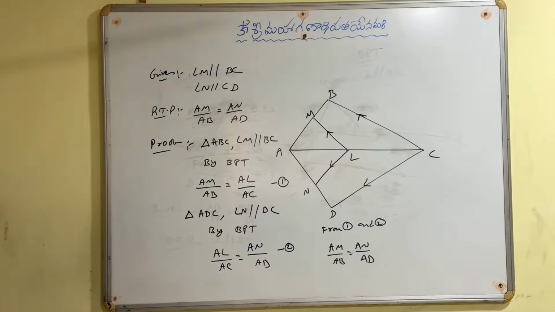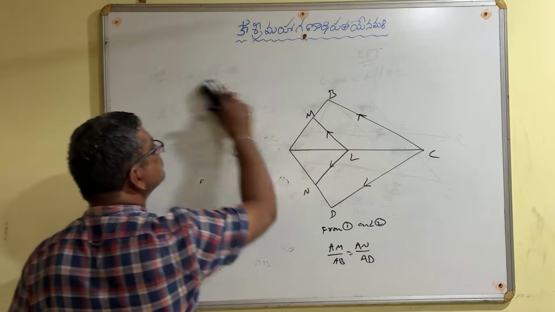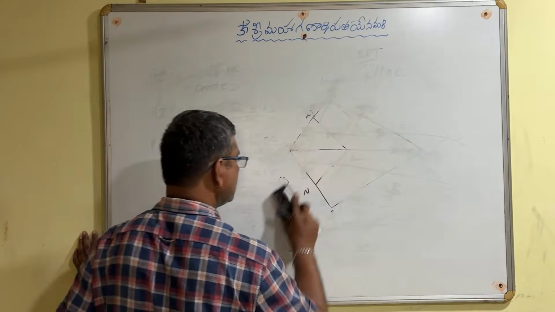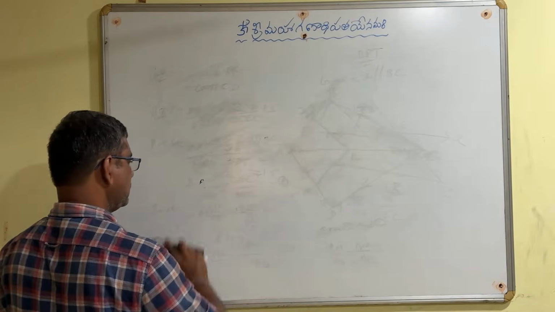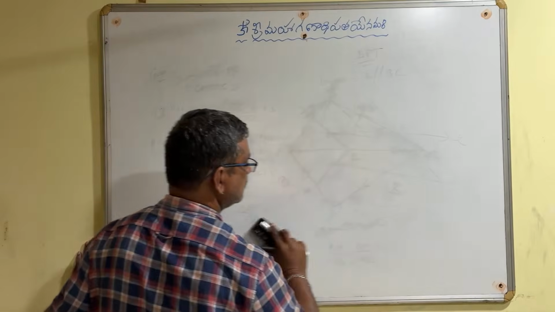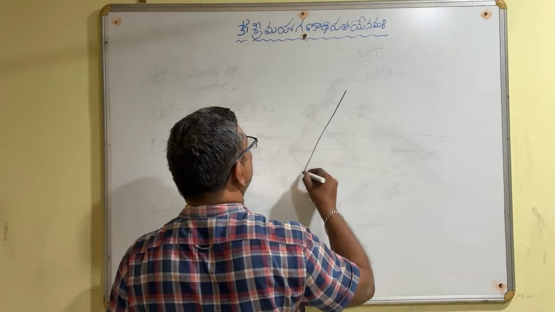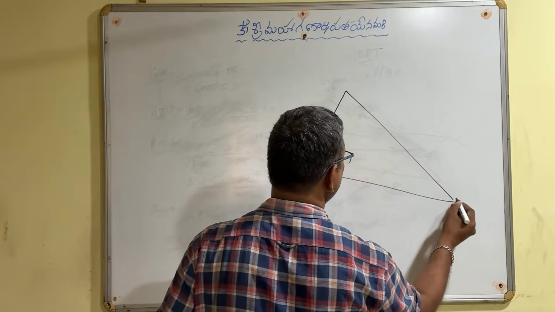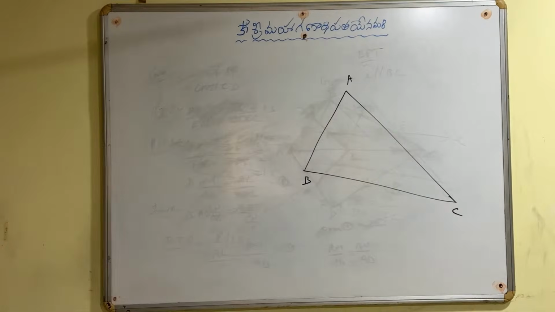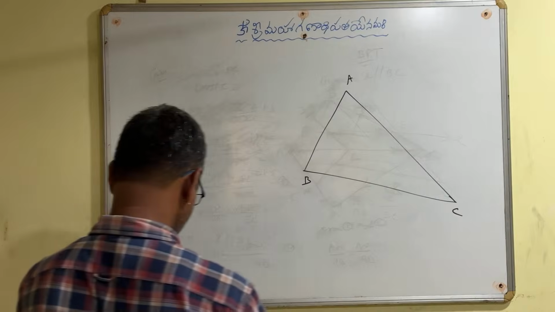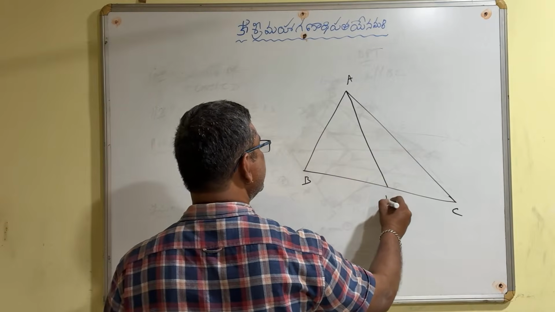Now next problem. There is a triangle ABC, and AE is drawn.